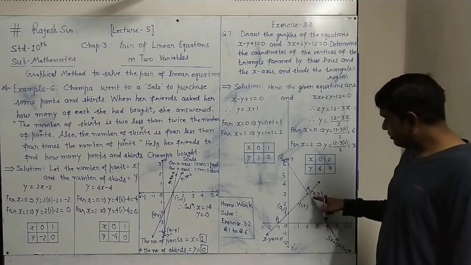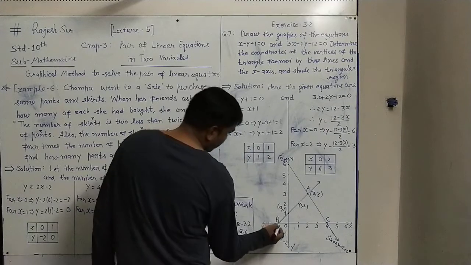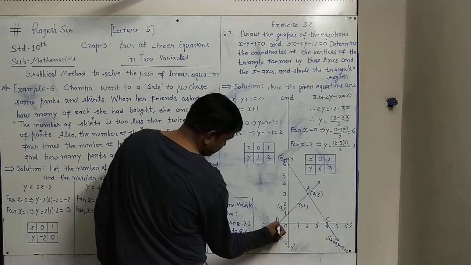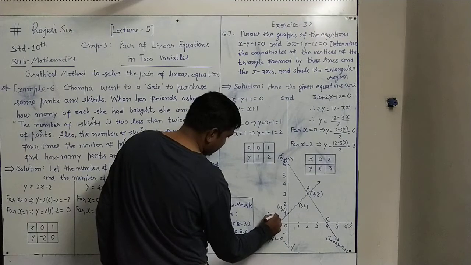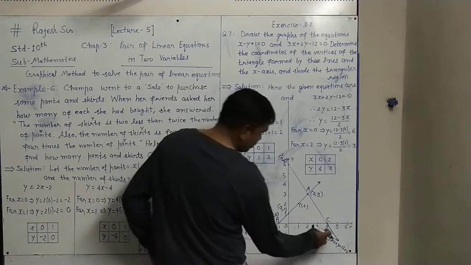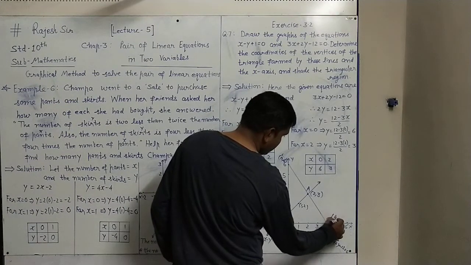The coordinates of A we know: (2, 3). What is B? B point lies on the x-axis, so y coordinate is 0 and x is minus 1, so it is (minus 1, 0). C is also on the x-axis, so y coordinate is 0 and x coordinate is 4, so it is (4, 0).